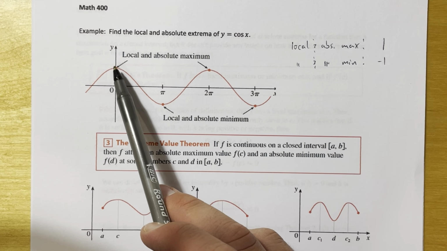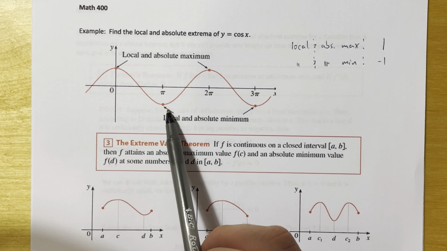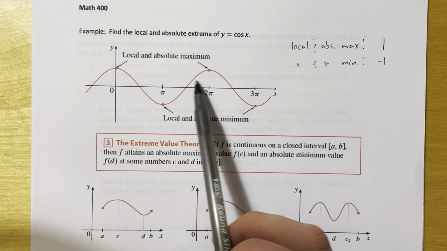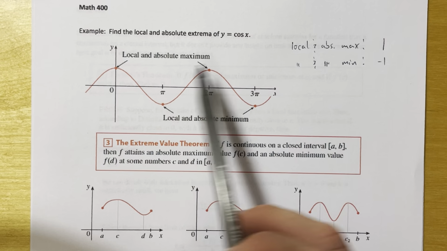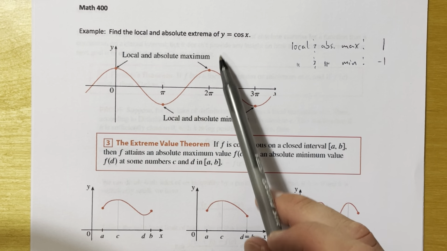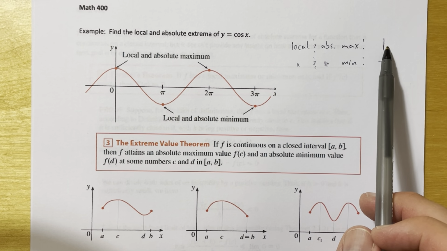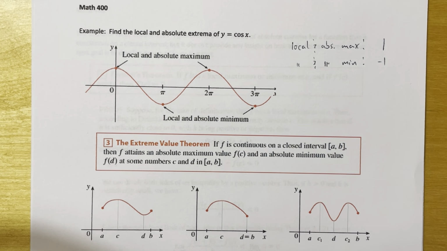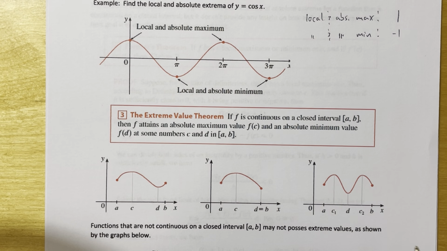It can only have one absolute maximum and one absolute minimum, any function. But that same maximum or minimum can occur at many different points. So the absolute maximum of the cosine function is just 1. It's the only absolute maximum that it has, the number 1. But it occurs multiple times on that function. Okay? Similar with the absolute minimum of -1.